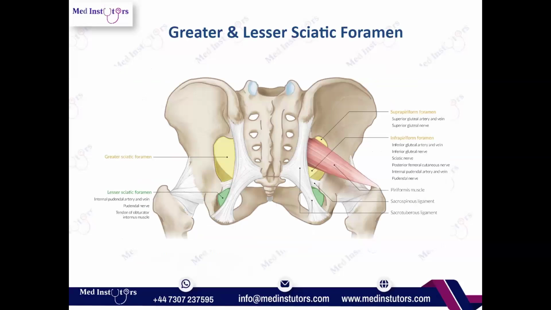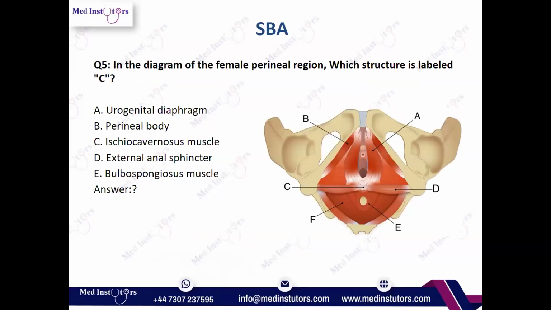Okay, let's move on to our next SBA. There you go. In this diagram of the female perineal region, which structure is labeled with C?